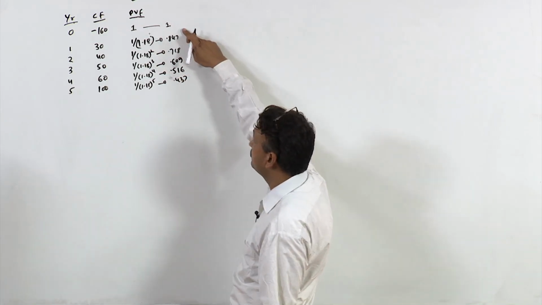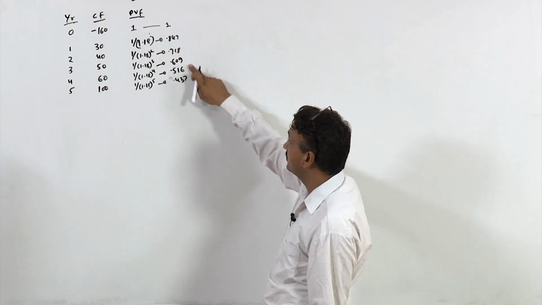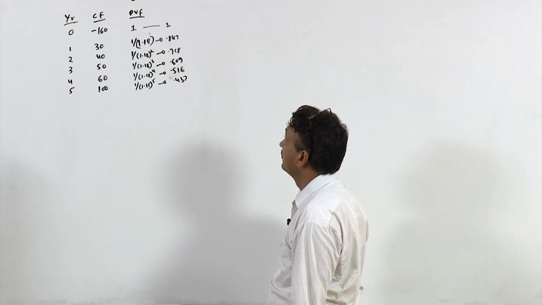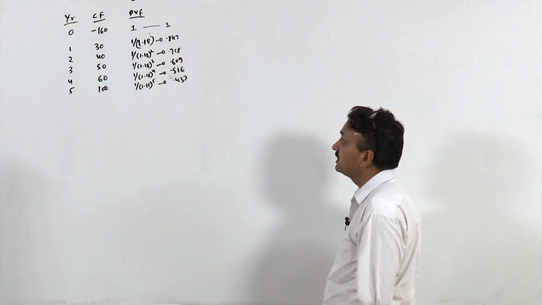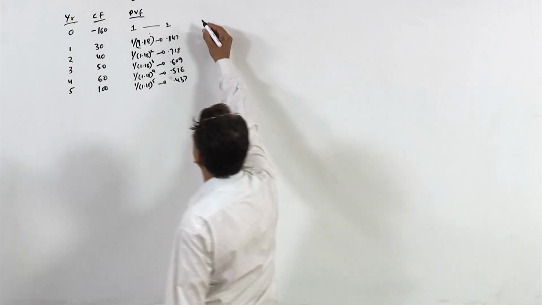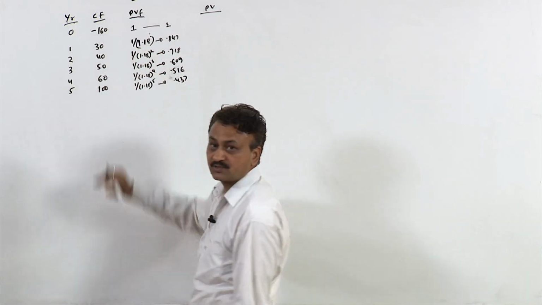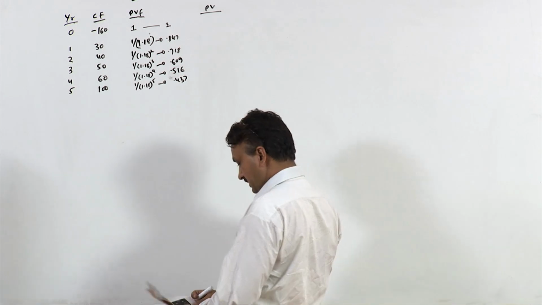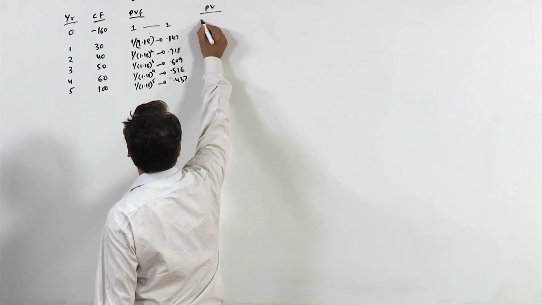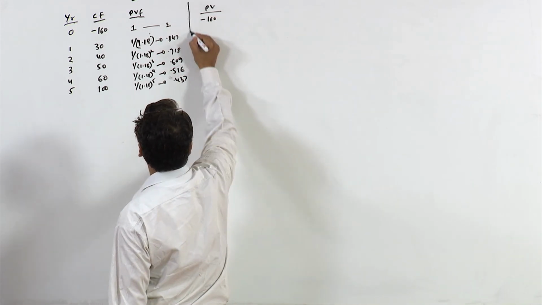If you look at this particular trend, it is continuously decreasing, right. Now, let us calculate the present value. Multiply these two columns, right. So, here it would be minus 160, right.